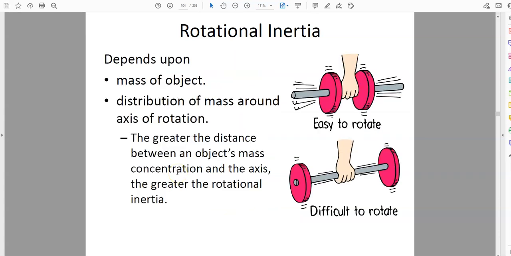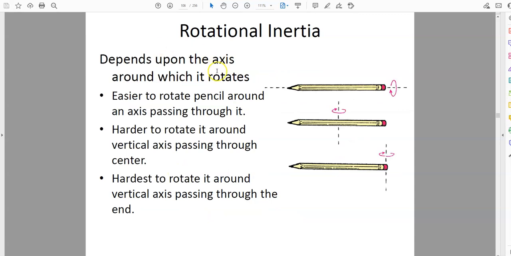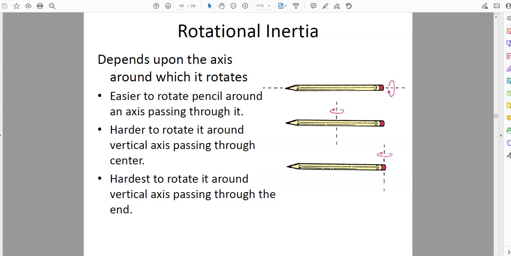Okay, so you could test this by using your pencil. Here you have a pencil, and if you're just spinning your pencil around the center of it, just rotating it around here, I'm going to mark this up.